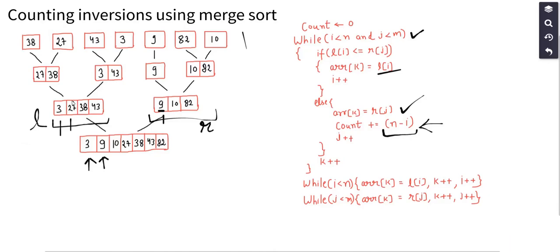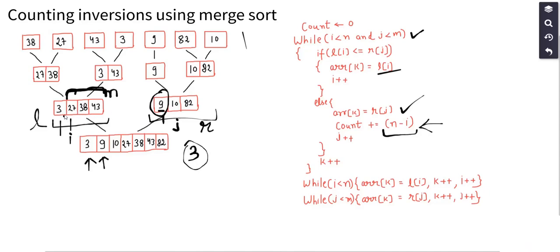I'm saying that the integer at location I is greater than the integer at location J. Then definitely all the integers to the right of this integer in this array, which has a length of n, will be greater than the integer at I, because these are sorted arrays, and hence all of them are greater than the integer at J, because the integer at J is less than the integer at I. Therefore all these three integers will make an inversion with this integer, and hence there will be three inversions contributed by these three integers.